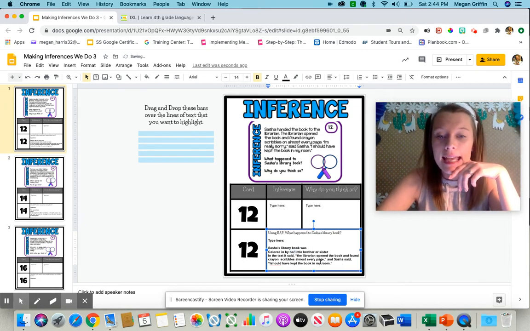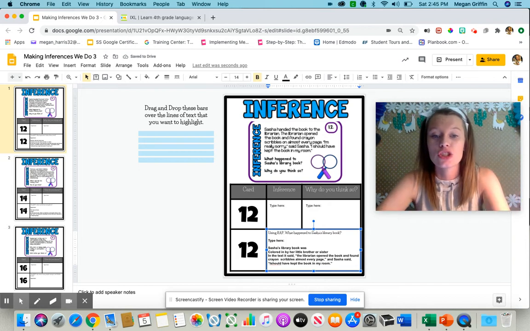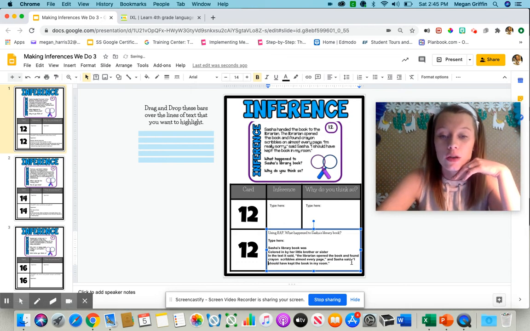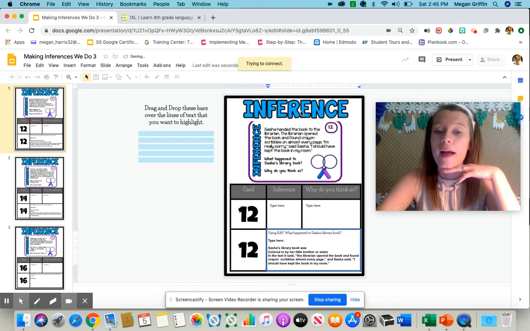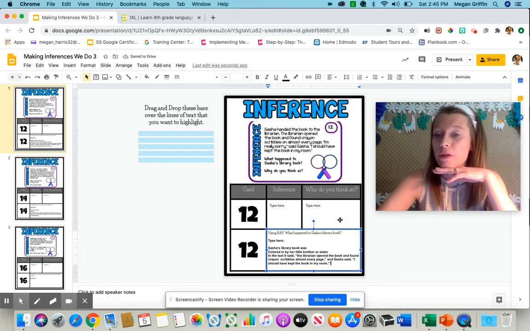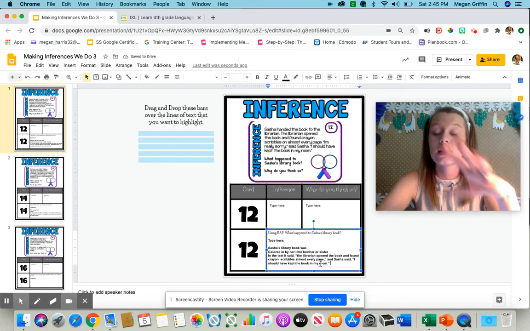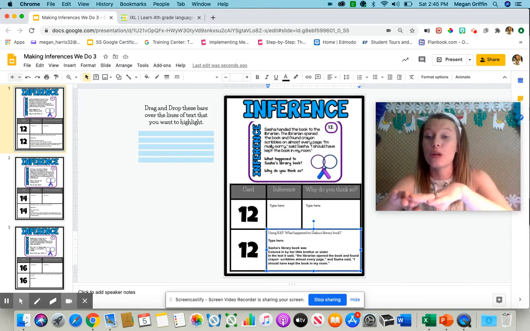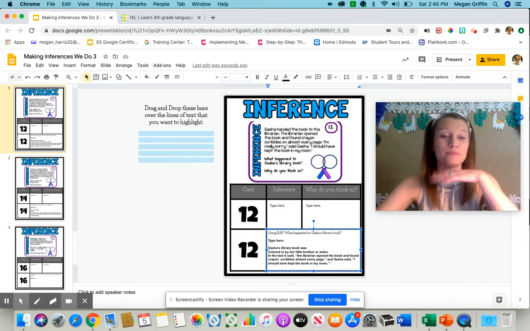In the text, it said the librarian opened the book and found crayon scribbles on almost every page. And Sasha said, I should have kept the book in my room. Okay, so that comes straight from our passage. You have highlight bars over those lines. You'd already put the inference here. All we're doing, kiddos, is taking what we already know how to do and putting it into WRAP. Okay, we're baby stepping it.